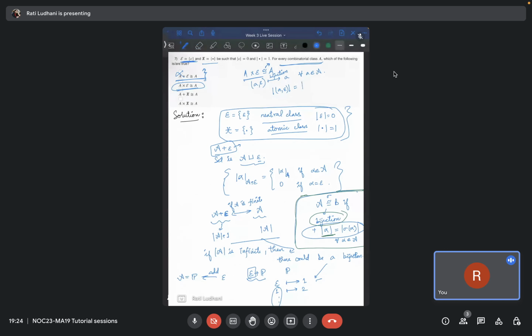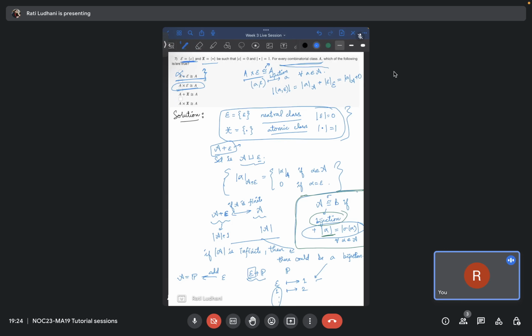So the size should be this. So if we write it like this, here size will be a plus 1. Sorry, not plus 1, this is just 0, because you know that epsilon has size 0.